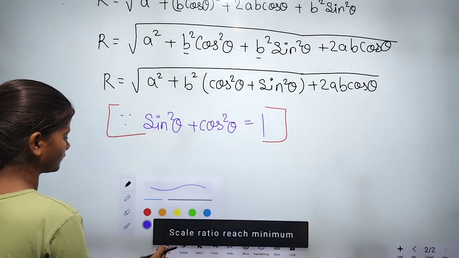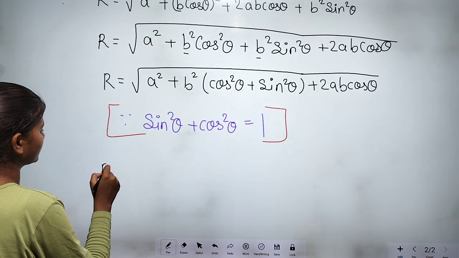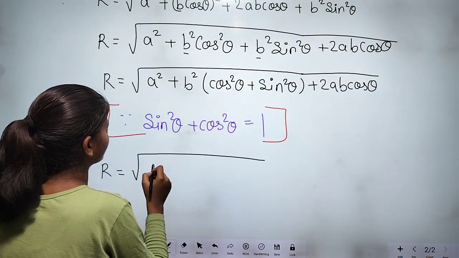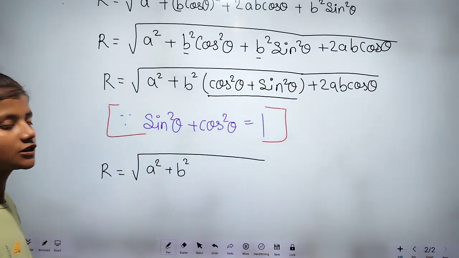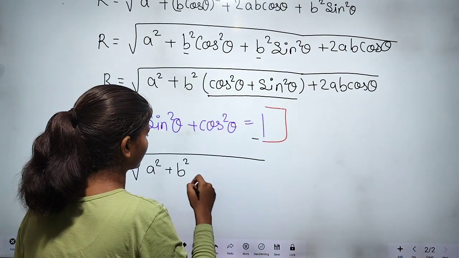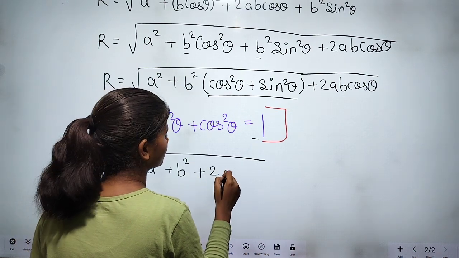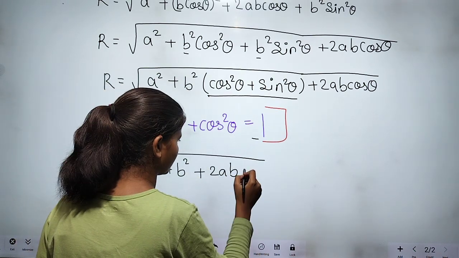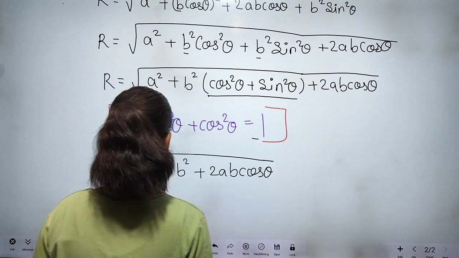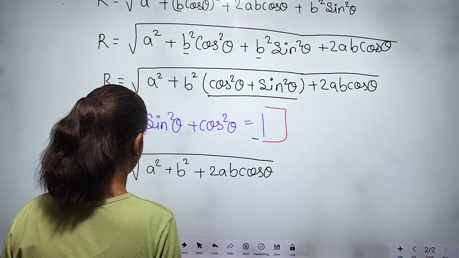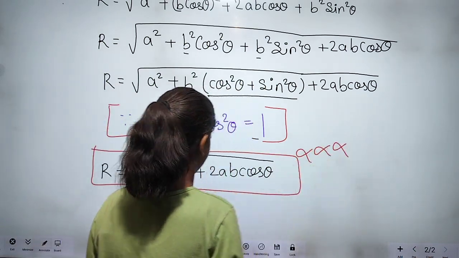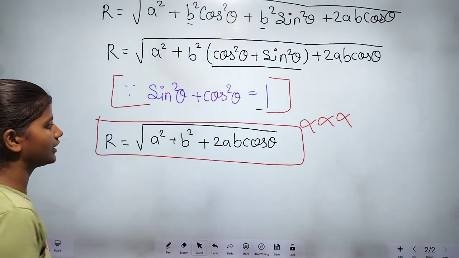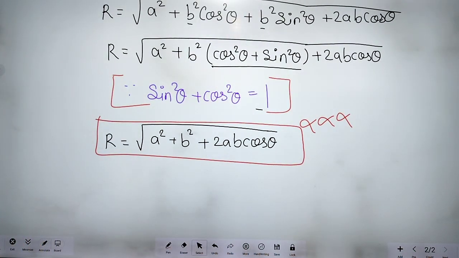Now further here R is equal to A square plus B square, and in the place of cos square theta plus sin square theta is equal to 1, plus 2AB cos theta. So this one is the formula of resultant. This one is important, that R is equal to root under A square plus B square plus 2AB cos theta.